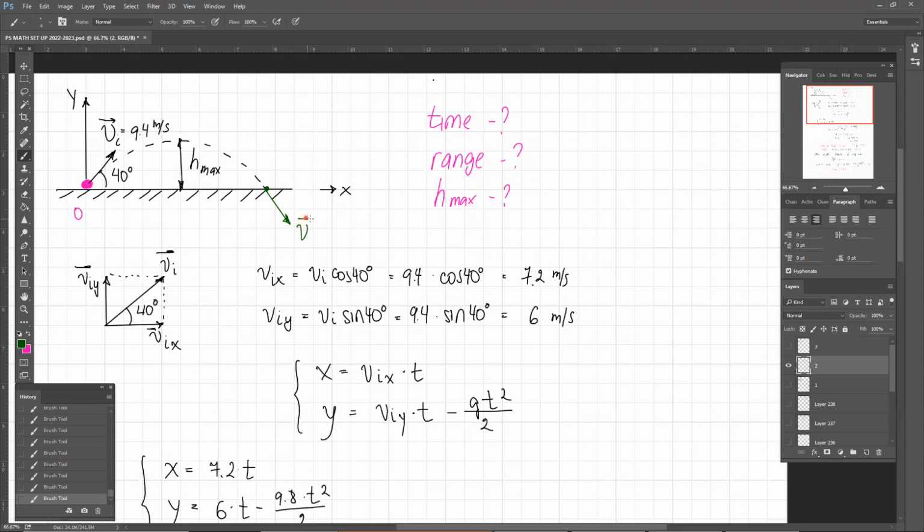So this final velocity will also be 9.4 meters per second. It's just pointing down somewhat at an angle. So these two vectors are equal in magnitude.